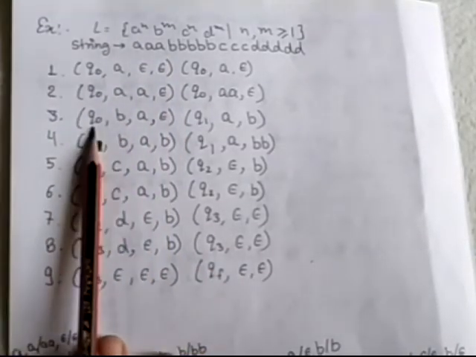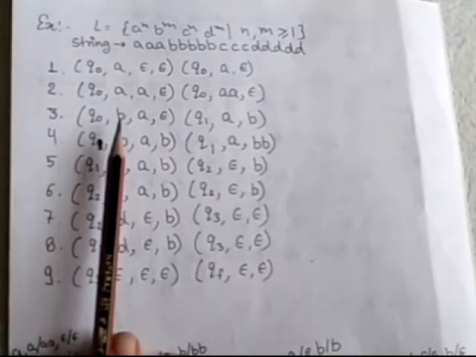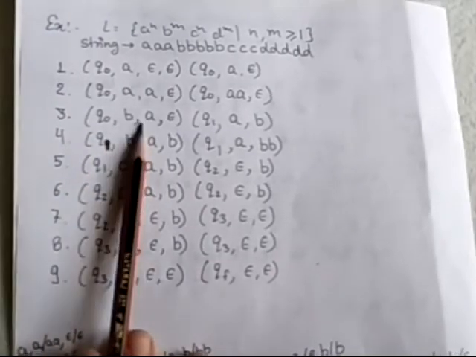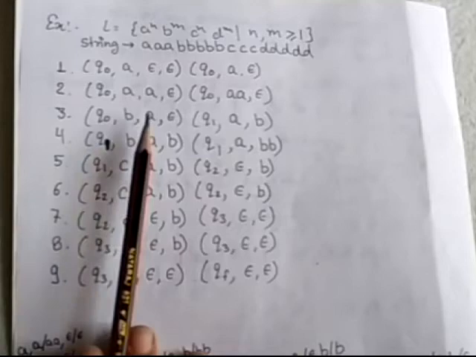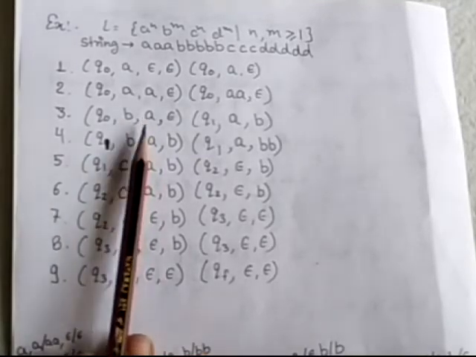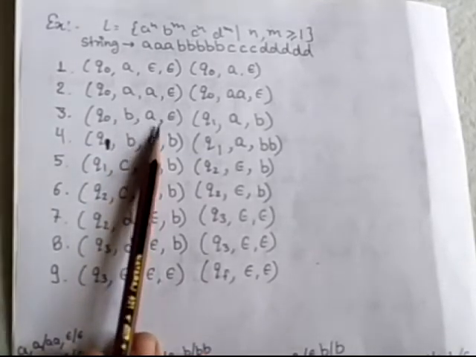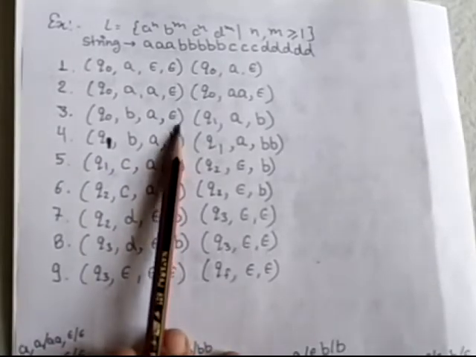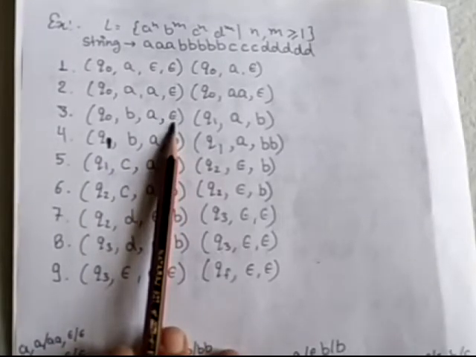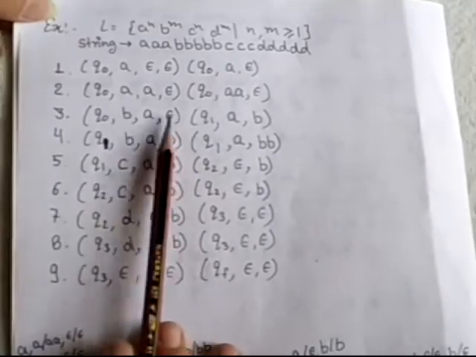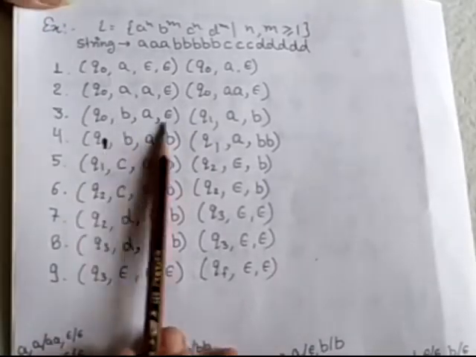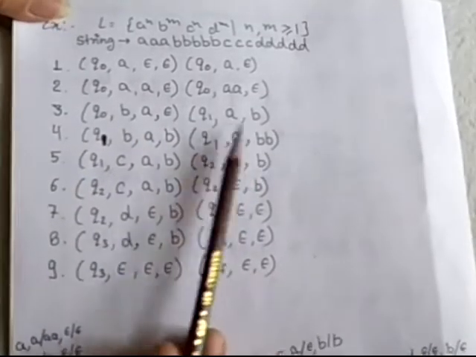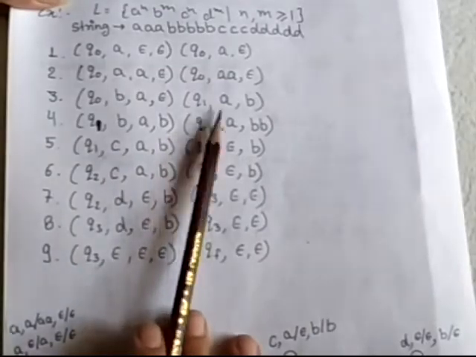Now at Q0, when we read B, top of stack 1 is A, obviously, since we have pushed A. The second stack is empty. What we do is push this B onto stack 2 and go to Q1.